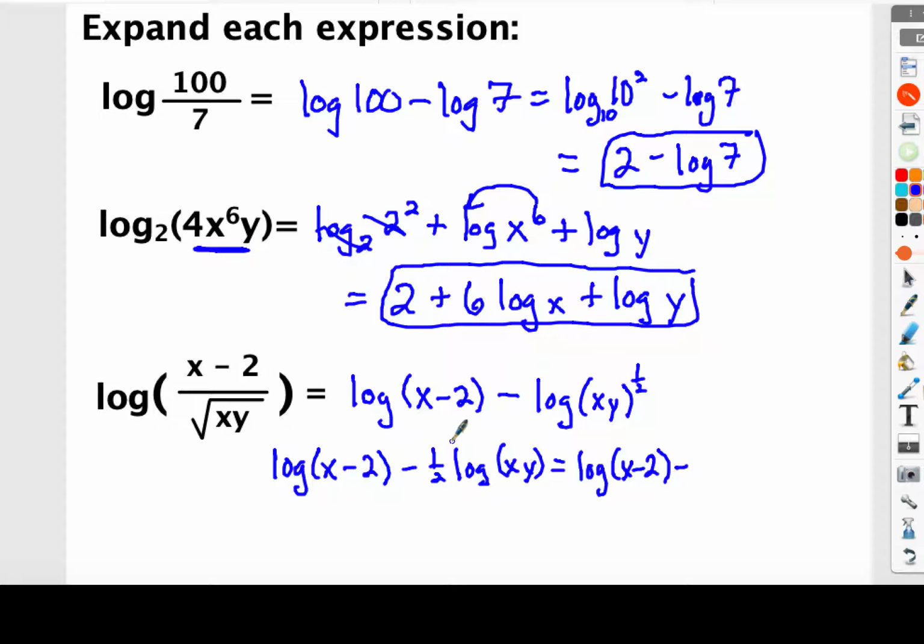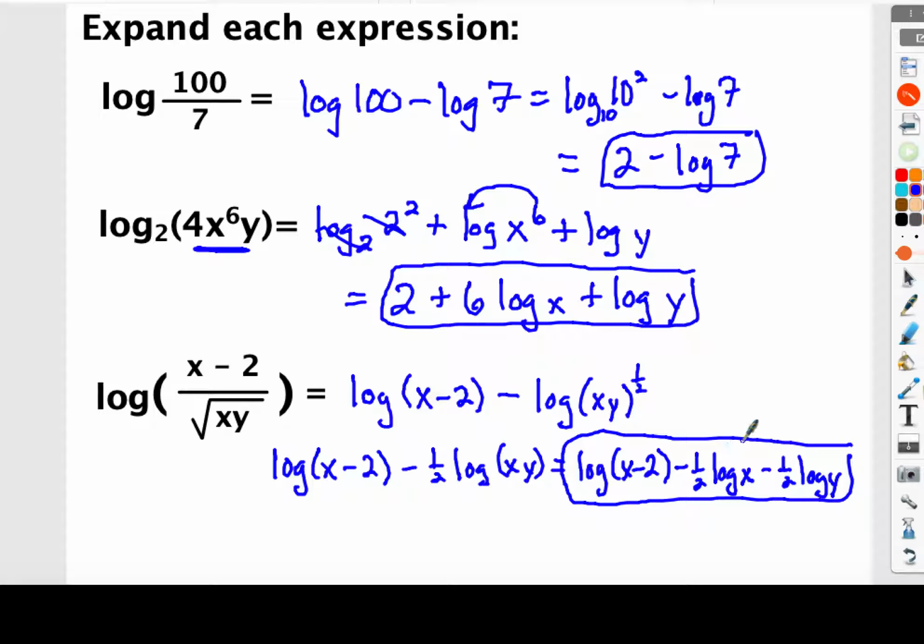So what I would probably want to say is minus 1/2 the log of x. And because I'm going to take that negative half and distribute it, normally I'd say plus, but I'm going to say minus 1/2 the log of y. Again, that negative half essentially gets distributed across what would have been an addition problem, right? But now both parts are multiplied by a negative half.